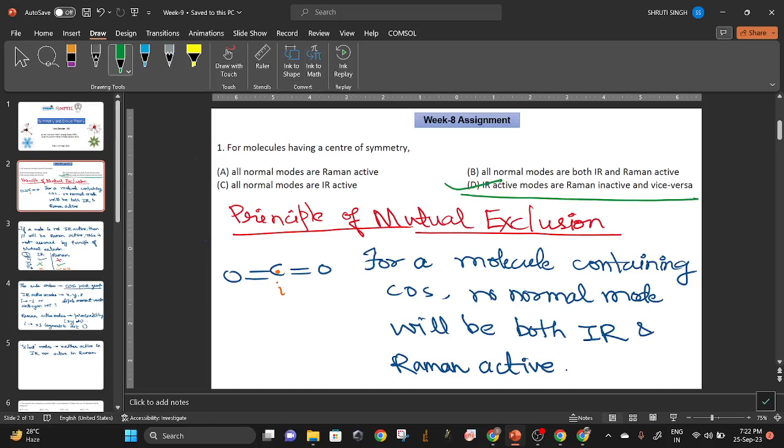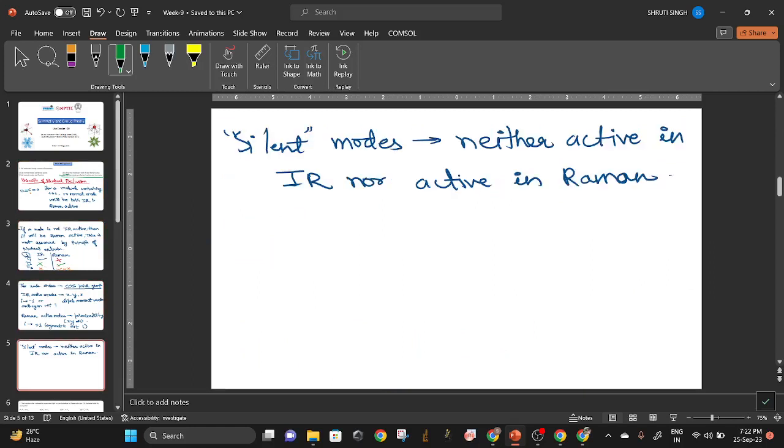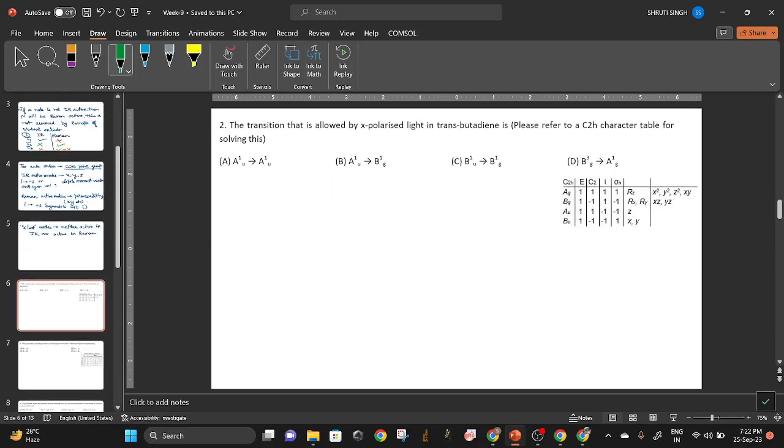For a molecule having a center of symmetry, IR active modes are Raman inactive and vice versa. So this answer is the correct one. I hope you got this one correct. Did you get this one correct in the assignment, or did you get it now?